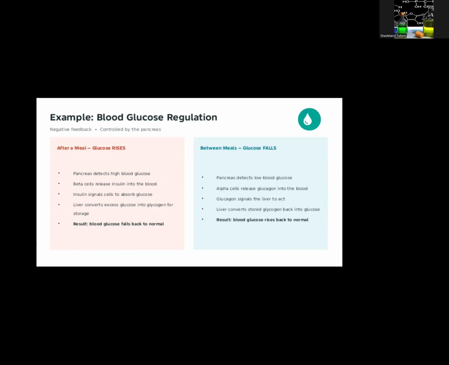Once it's done with using the amino acids, any excess remaining is changed into what we call urea. So that's another function of the liver under protein metabolism.